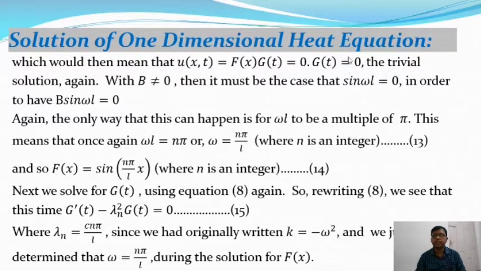This solution is a trivial solution, and with b not equal to 0, it must be the case that sin omega l is equal to 0.